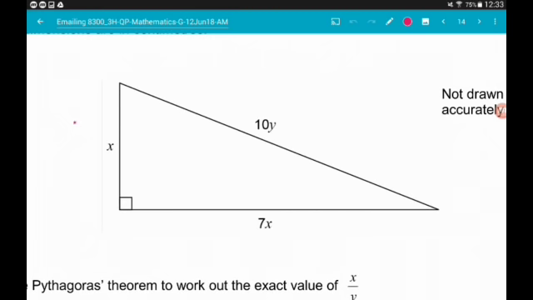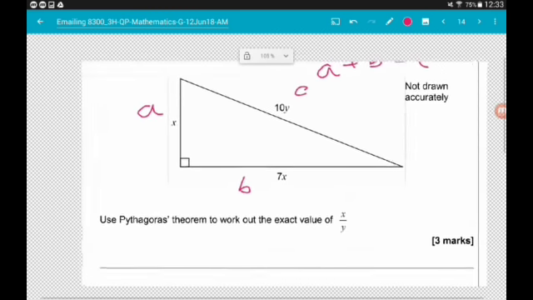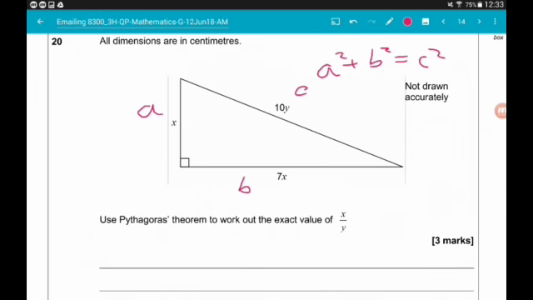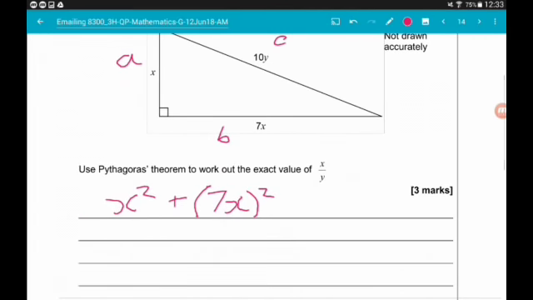So we're going to be using Pythagoras. Now if we call this side a, this side b, and this side c, Pythagoras tells us a squared plus b squared is equal to c squared. So a squared is going to be x squared, b squared is 7x all squared, and then c squared is 10y all squared.